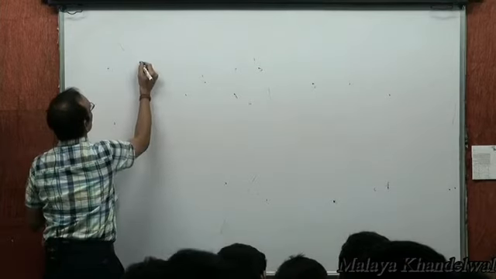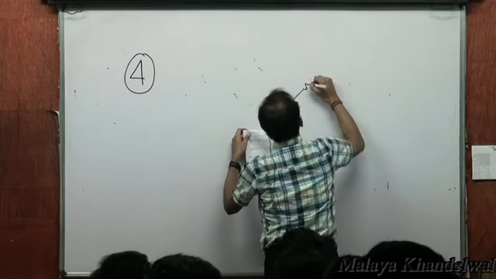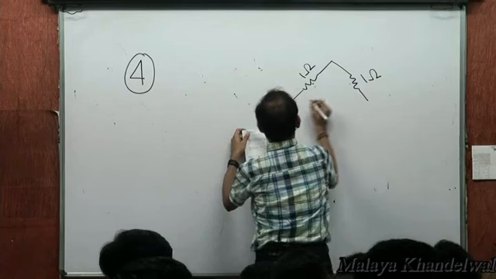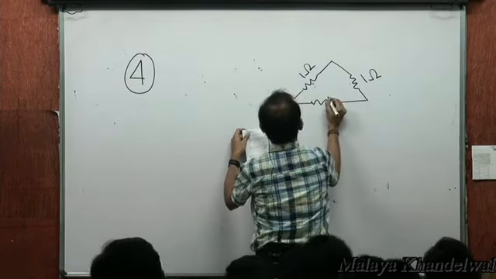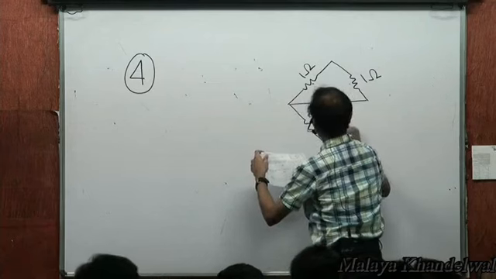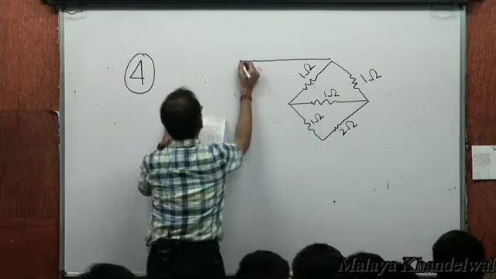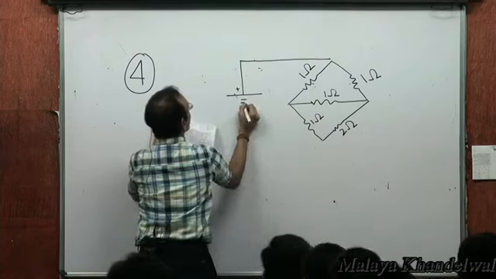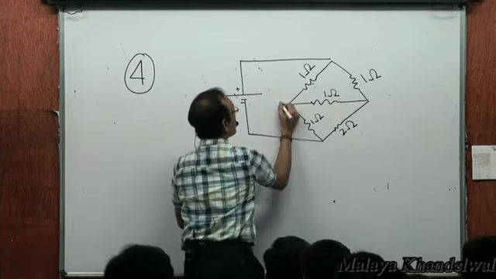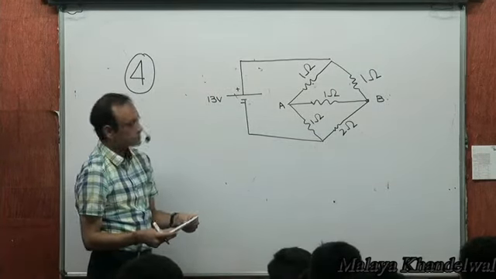Let's look at problem number 4. The problem number 4 is a network of this kind: 1 ohm, 1 ohm, 1 ohm, 1 ohm, 2 ohms, 13 volts, and it's labeled as A and B. And we want to find the potential difference, VA minus VB.